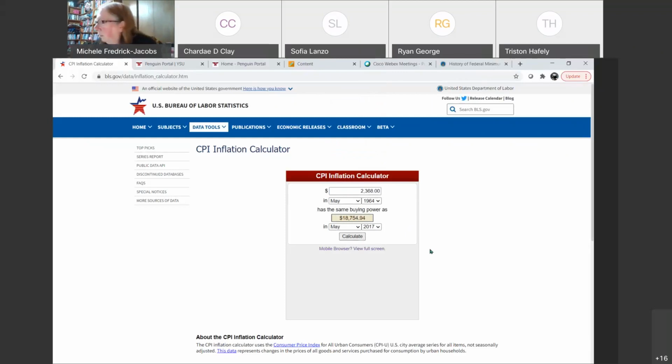So a Mustang that cost 2,368 in 1964 would cost $18,754.94. Any questions on using the calculator?